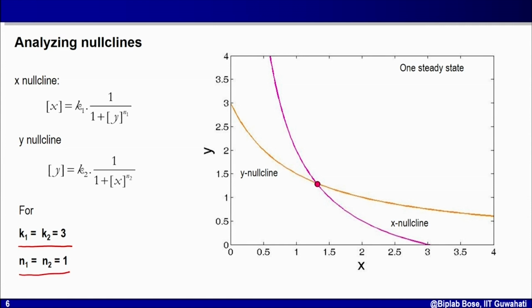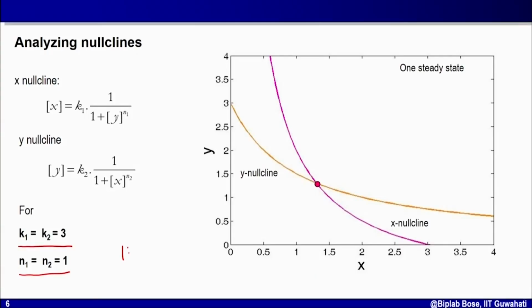If you remember, in the Hill function, n1 and n2 are the Hill coefficients. If the Hill coefficient is bigger than 1, then only I get sigmoidal behavior. Otherwise I get a hyperbolic behavior. So here n1, n2, the Hill coefficients, are not bigger than 1. That means I will not get a sigmoidal behavior, rather I will get a hyperbolic behavior.